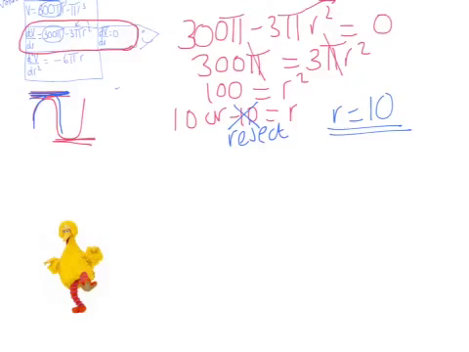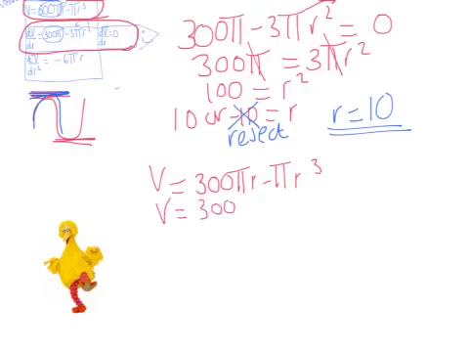Now the question said find the maximum volume, and the maximum volume is this bit up here, isn't it? It's like the y value. So to find the maximum volume, the volume is 300 pi r minus pi r cubed. Okay, so let's feed our r into here. The volume equals 300 pi times 10 minus pi 10 cubed.